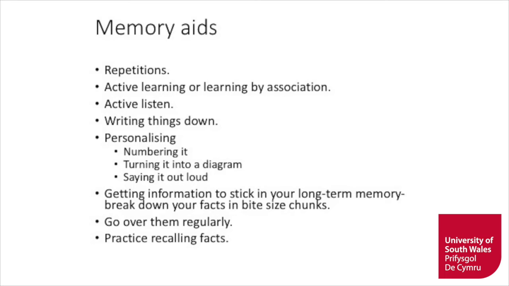So finding the mechanism that works the best for you, maybe numbering it, turning it into a diagram, saying it out loud, whatever works. You might use a number of approaches to help you remember the information. It's about getting the information to stick in your long-term memory, so it might be breaking down facts into bite-sized chunks, going over them regularly and practicing recalling the information or facts.